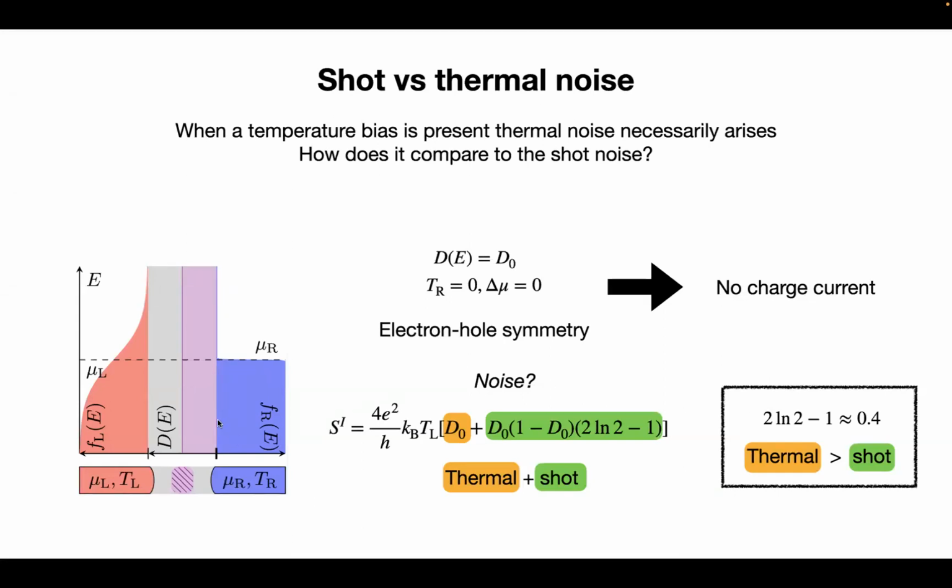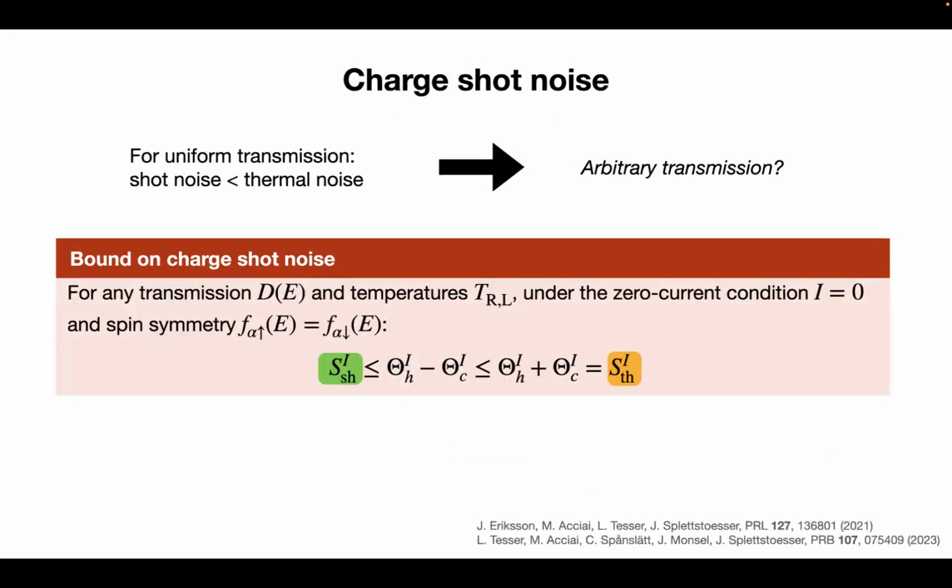And we wanted to understand whether under the zero current condition, this relation is always verified, whether this is a general property. It turns out to be the case. So what we did was now consider a system where the transmission is arbitrary, and also the possible bias combination is arbitrary.